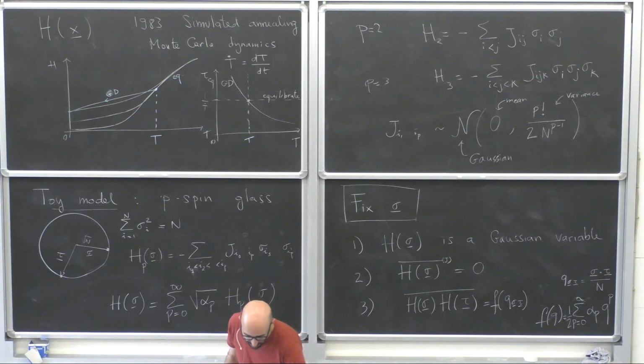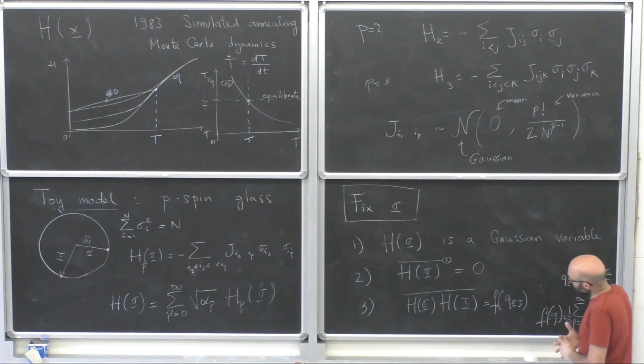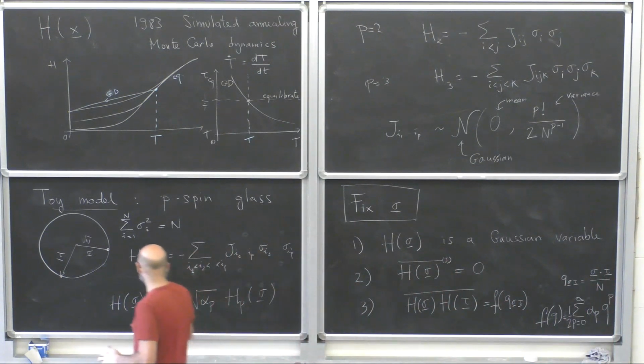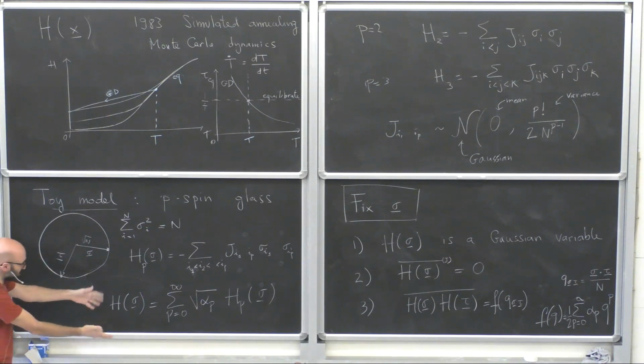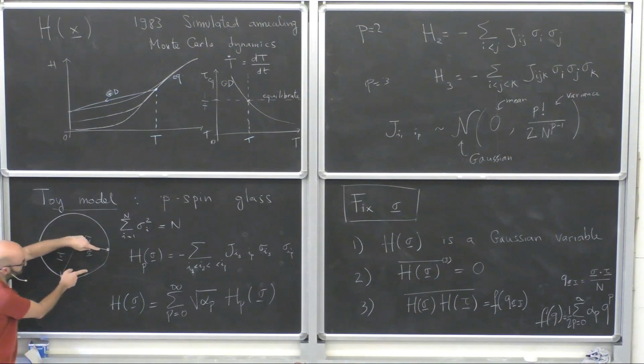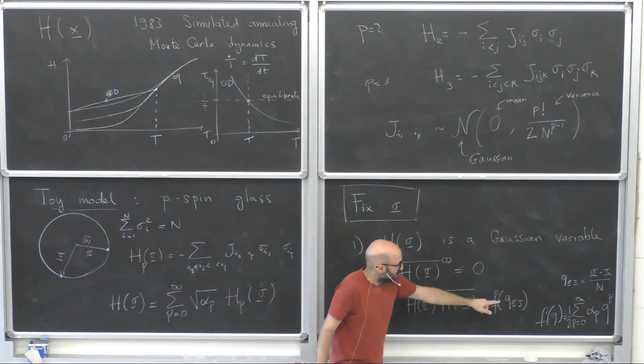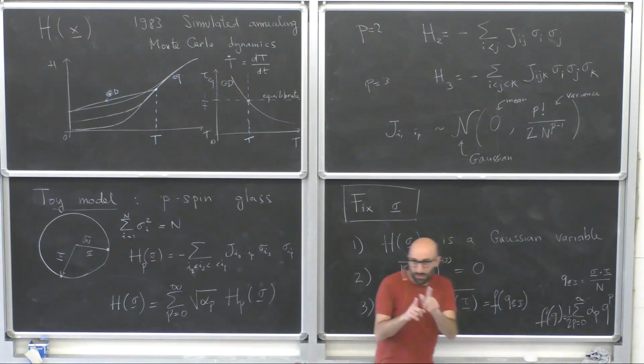So what is the important point? Why is this a good toy model? Because the Hamiltonian, the cost function defined on this sphere, is a random function. So you expect that it's going to be rough because it's a random function. But it also has a property that if you look at two configurations and the covariance of the Hamiltonian, this is a function of the distance of the configurations.